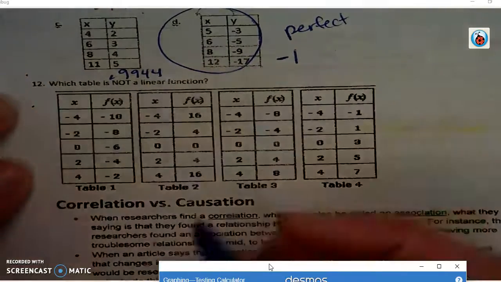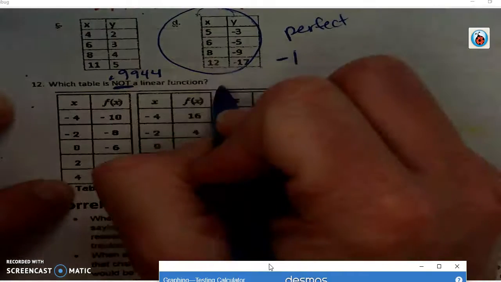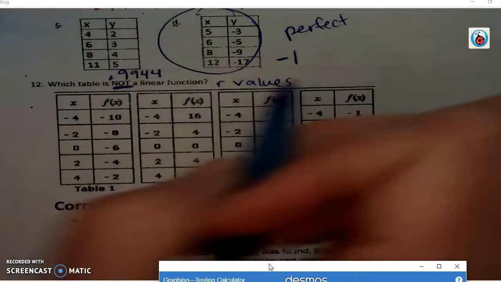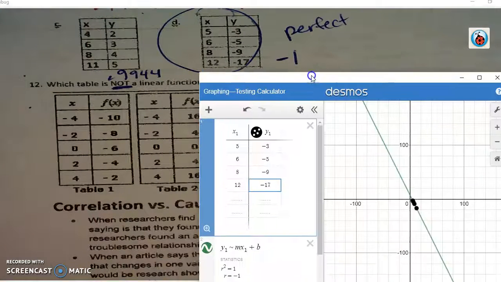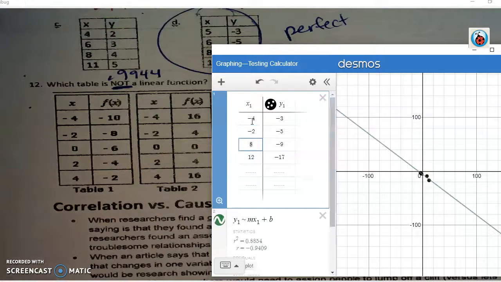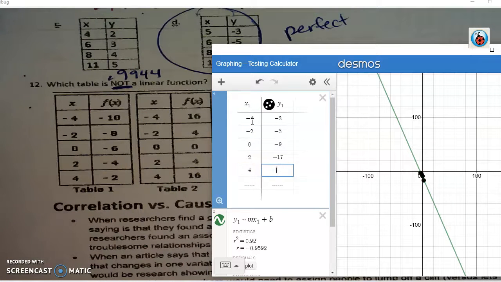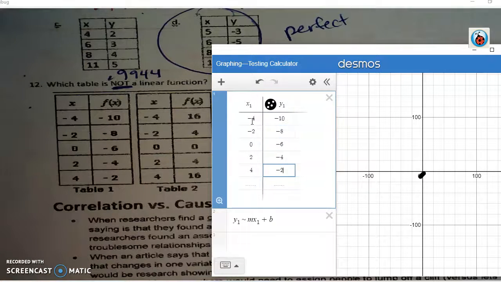Number 12, which one is not a linear function? Well, once again, let's look at the R values. So if you put the first table into Desmos, you will get an R value. -4, -2, 0, 2, and 4, -10, -8, -6, -4, -2.